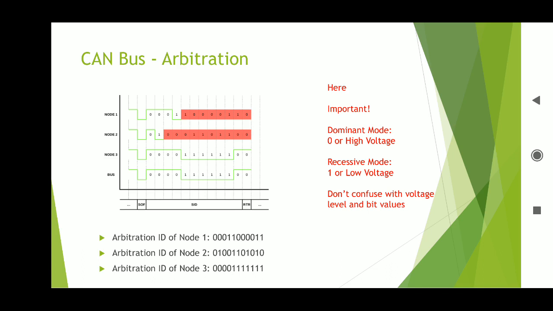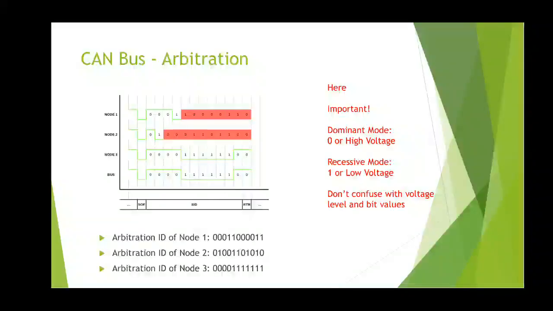Here in this particular case, the dominant mode is bit 0 or high voltage, and the recessive mode is bit 1 or low voltage. Suppose two or more nodes in the CAN bus want to transmit some data, and they try to transmit at the same time, then a conflict will happen.